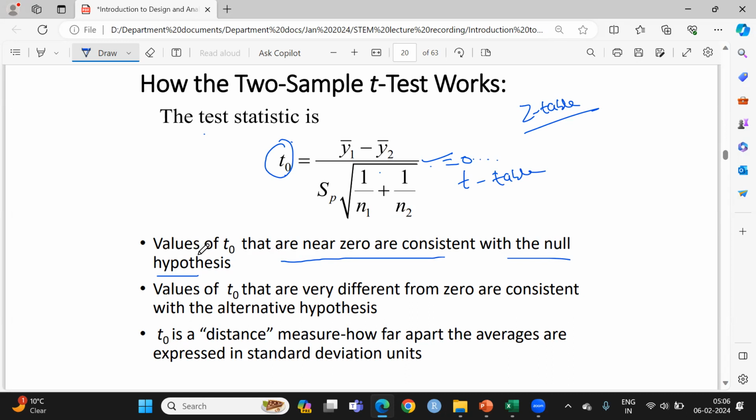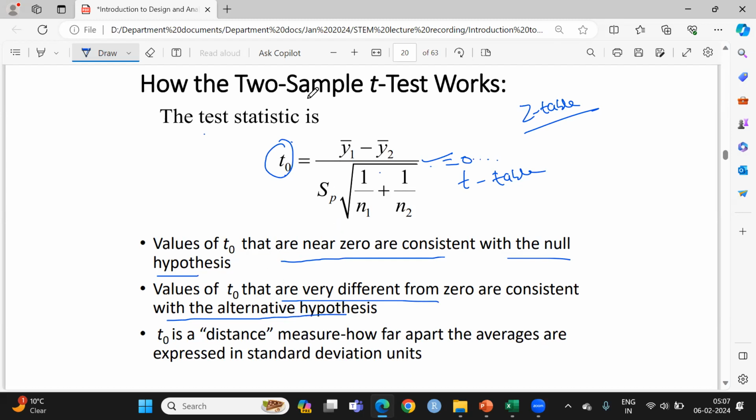We are going to accept the null hypothesis; we are not going to reject it. So we have to compare this T naught value with the tabulated value from the T table.